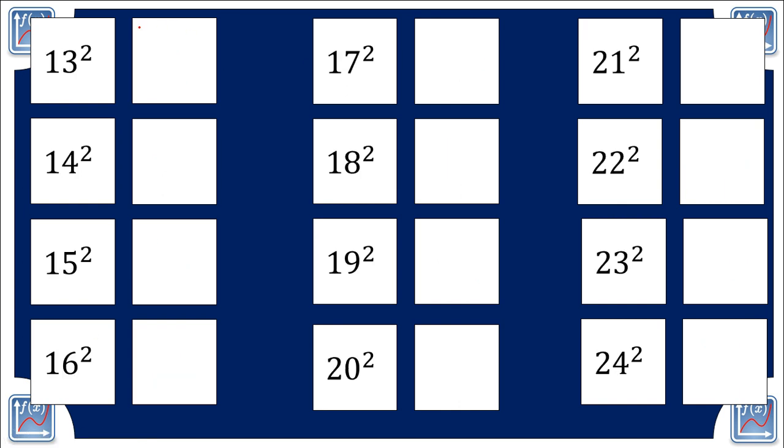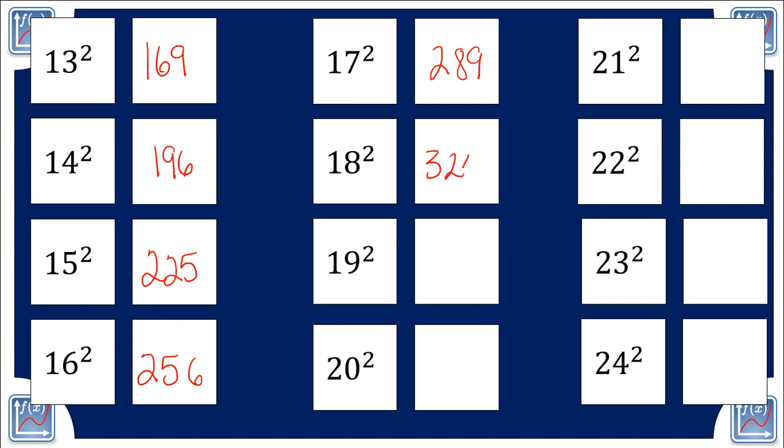So let's continue. A 13 by 13 is 169. A 14 by 14 is 196. 15 squared is 225. 16 squared is 256. 17 by 17 is 289. 18 times 18 is 324. A 19 by 19 is 361. And a 20 by 20 is 400. And 21 by 21 is 441.